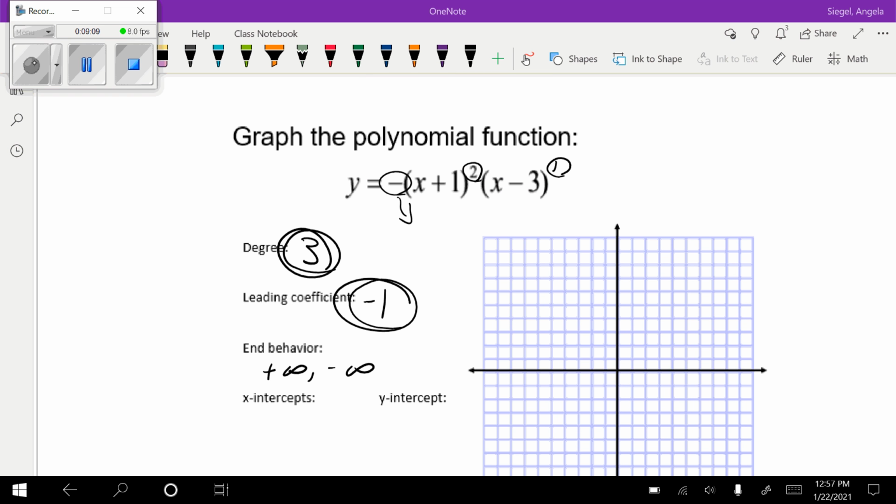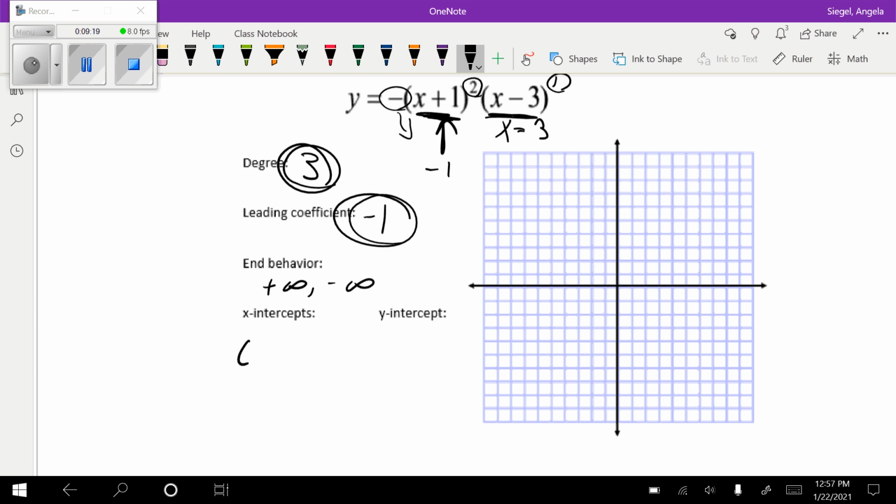So this is in intercept form, so I can find the intercepts really quickly. This intercept is -1, and this intercept is 3. So let's write that down. So -1, 0, and 3, 0. And then to find the y-intercept, we're going to set x equal to 0 and solve for y. So let's see.